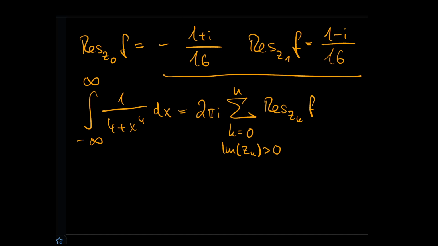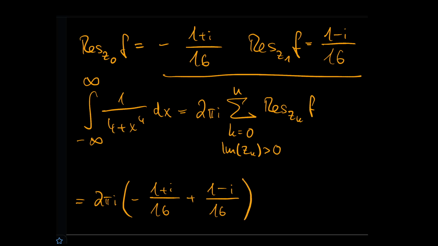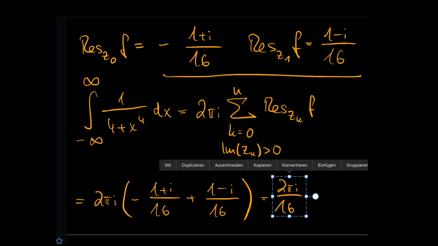So what we get is 2 pi i times, and then we have (minus 1 plus i) divided by 16 plus (1 minus i) divided by 16. So we have minus 1 plus 1, those two cancel each other out. Then we have minus i, this is minus 2i. So we have 2 pi i divided by 16 times minus 2i.